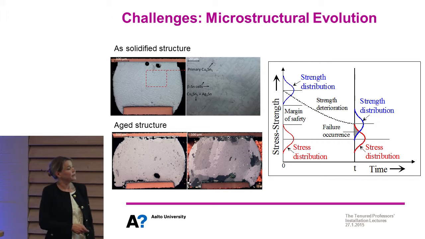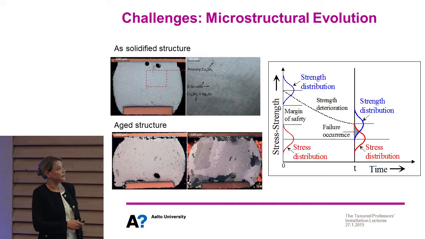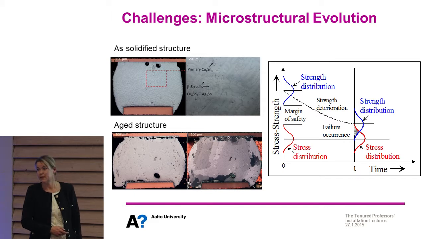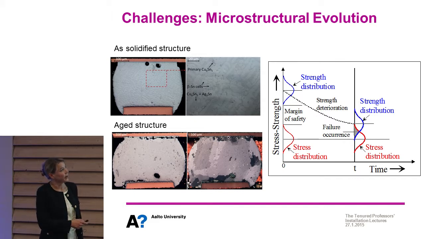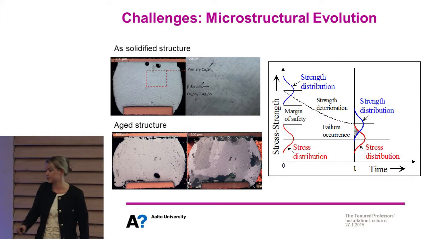And the issue with that is that even if the design engineer did a good job and left a safety margin between the strength distribution of his system and the stress distribution that this device has to take, after time with this deterioration of the strength, those two distributions will overlap, and that is where our failure occurs.